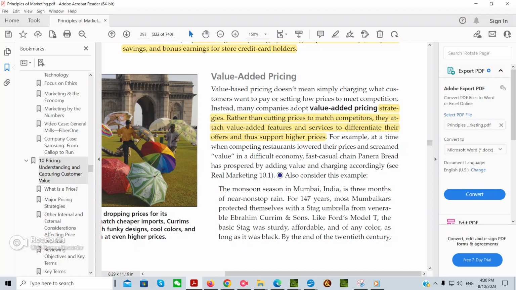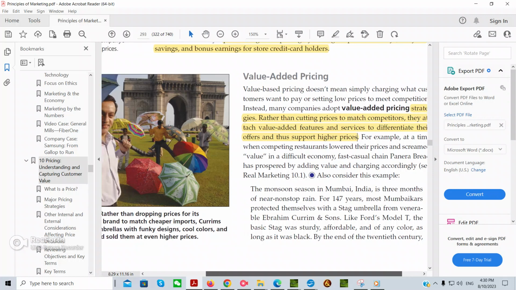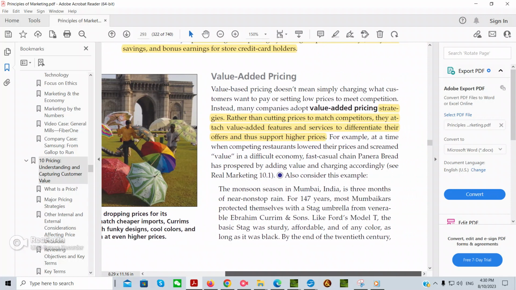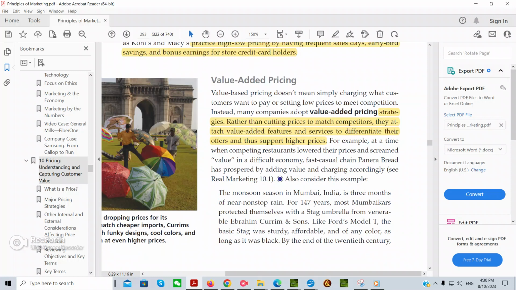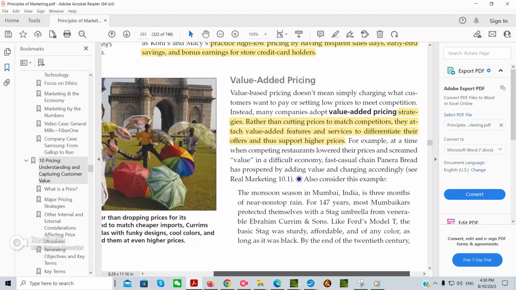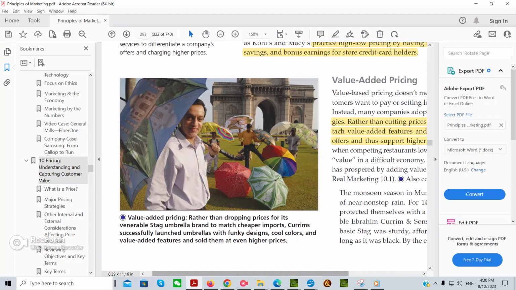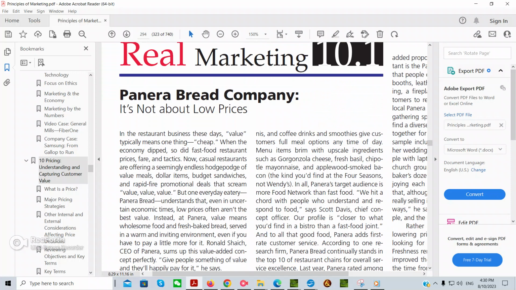For each segment, you have a different pricing structure, and that's the difference. And the person who's going to a fine dining establishment is going to pay more for it because they have a better experience and better quality, plus higher value for the product. Okay?